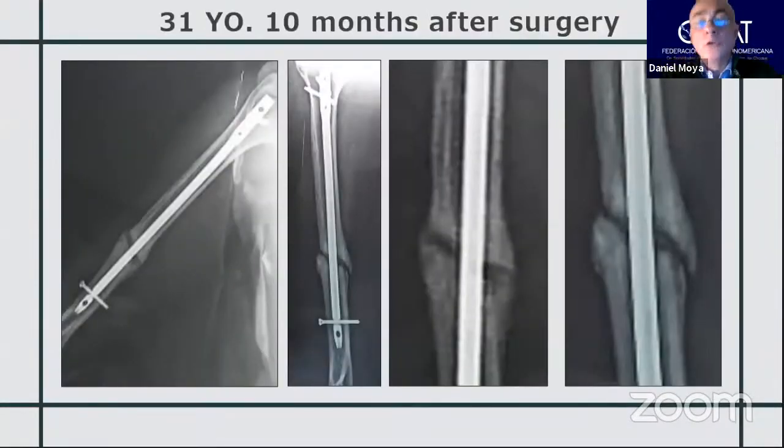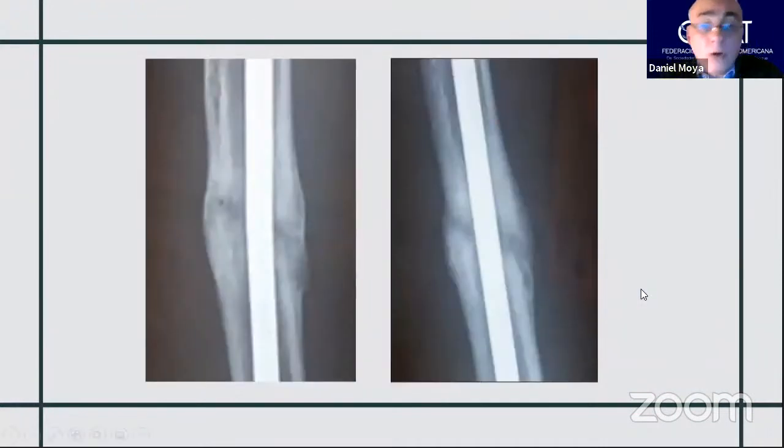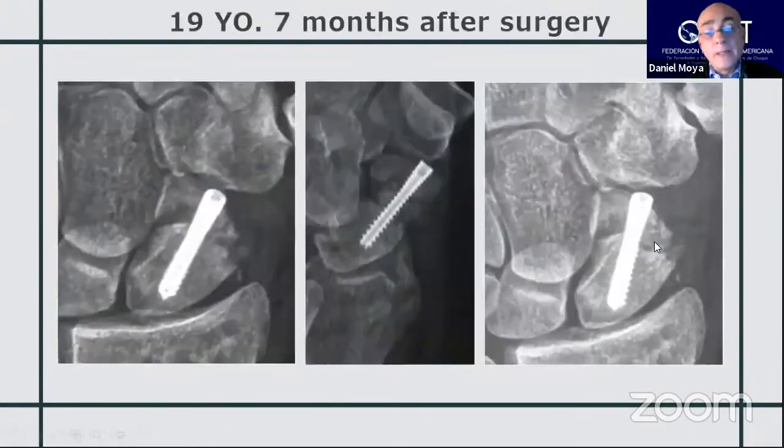What about non-unions? And of course, non-unions are treated by doctors with focus waves. Well, you can see here, in this case, it was a patient that was treated with surgery 10 months before with no results. And after 3 sessions of focused shock waves, we got this result and the healing of the non-union.